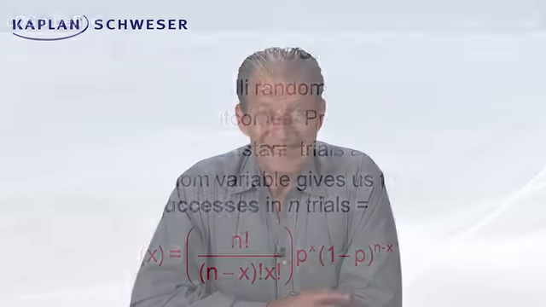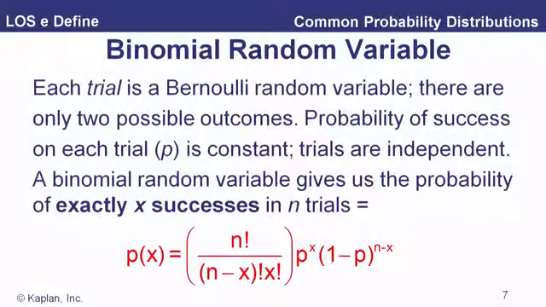Our next distribution we want to talk about is the binomial distribution. One of the keys to it is that there are only 2 possible outcomes, and each trial is called a Bernoulli random variable. A Bernoulli random variable takes on one of 2 values, say 0 or 1.